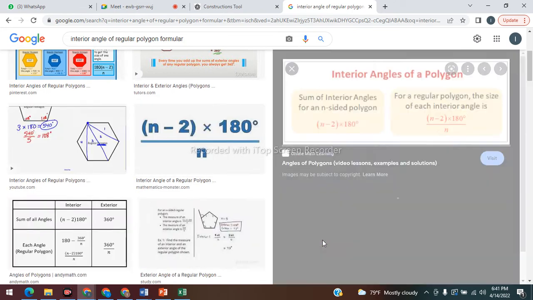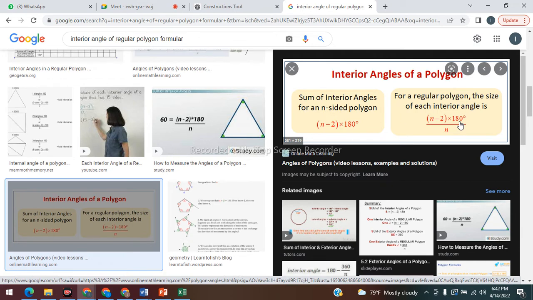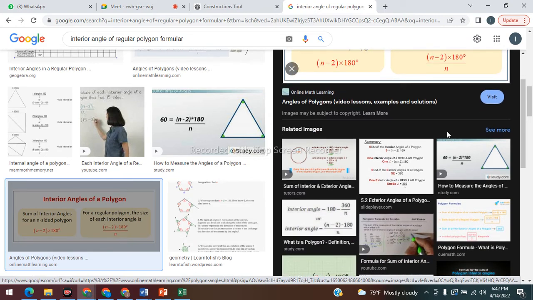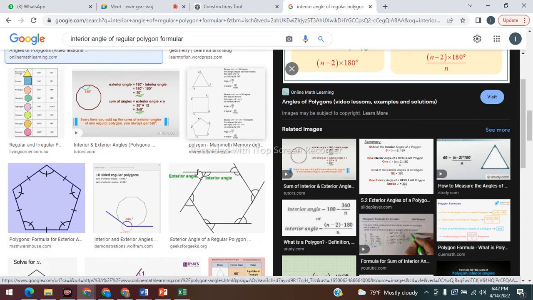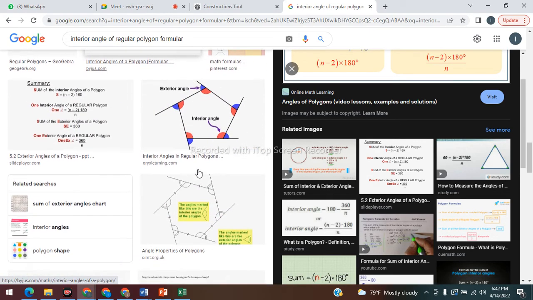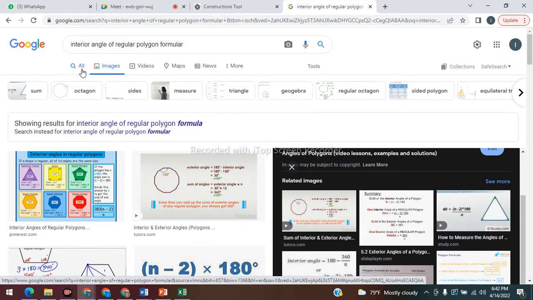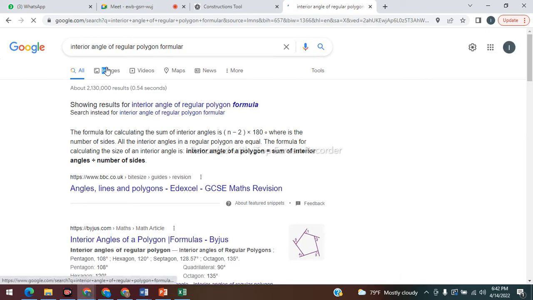For a regular polygon, the size of each interior angle, n minus 2. That's the formula they give? Okay. I thought it was going to give a more straightforward formula. Let me see.